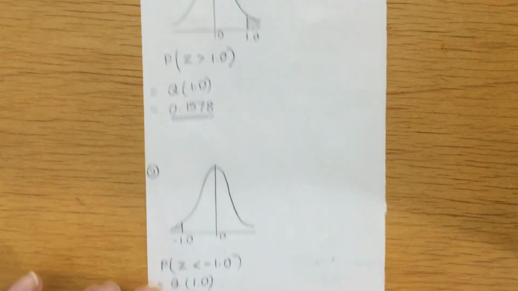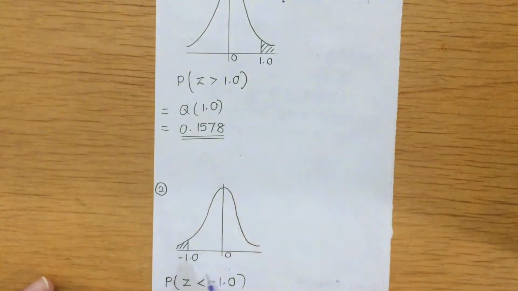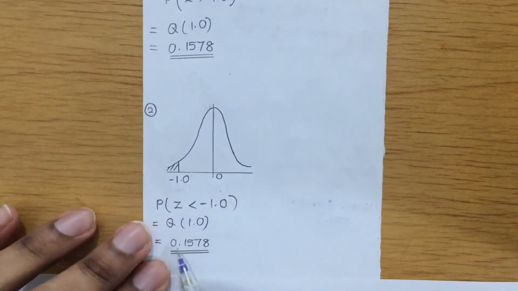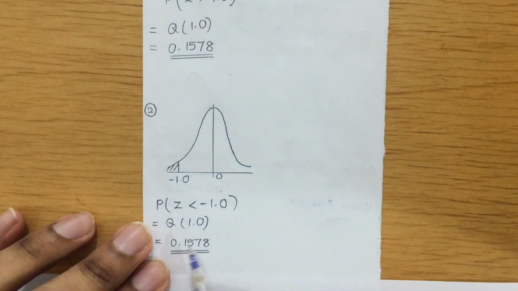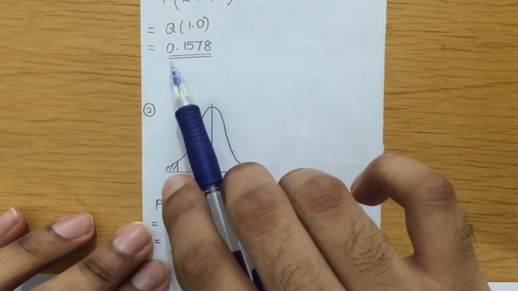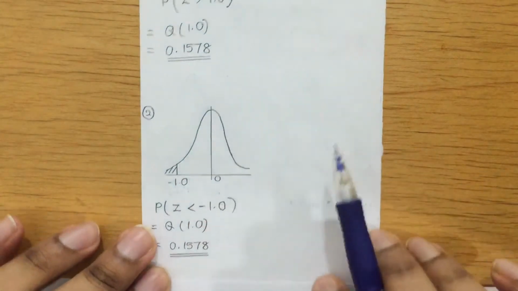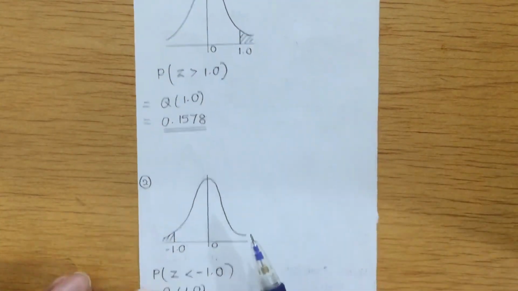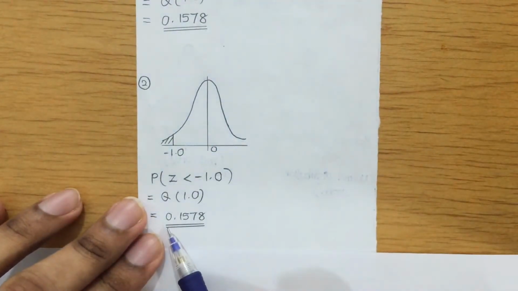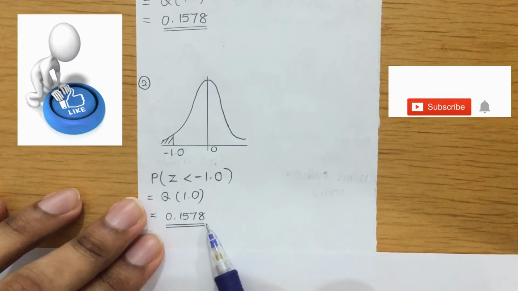Regardless of whether your x is on the positive side or the negative side, you should get the same area under the graph, guys, because the area under the graph is a scalar value, a positive value. So you get 0.1578 for the positive side, and for the negative side you also get the same answer, 0.1578.